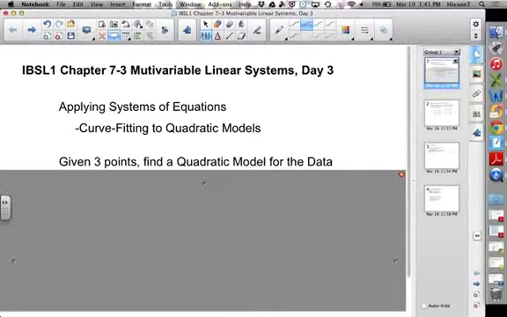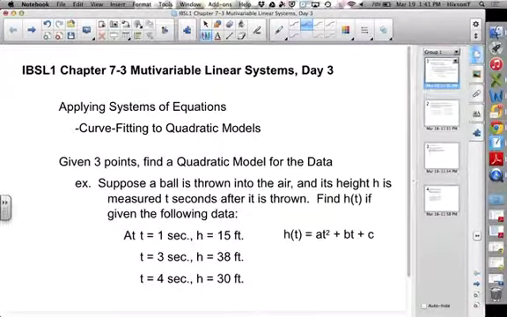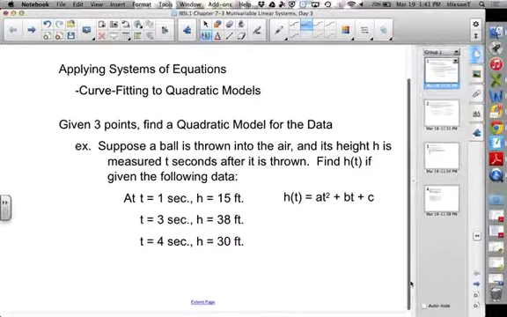Here's the scenario we're given. If we know 3 points, we're going to find a quadratic model for this situation. Suppose a ball is thrown into the air and its height h is measured t seconds after it's thrown. So find h of t if we're given the following data.